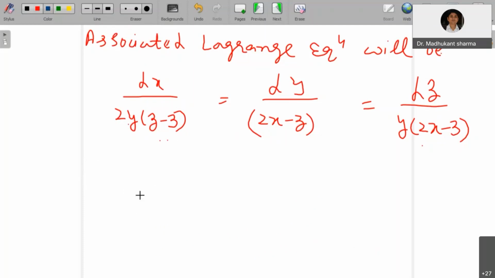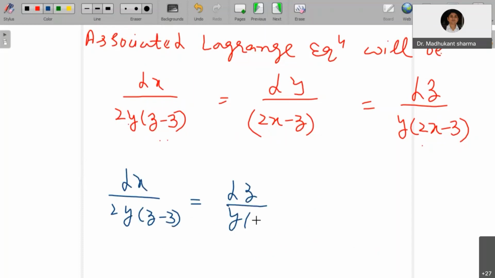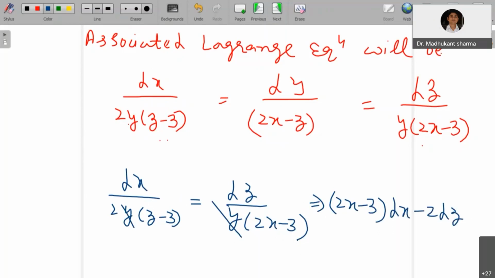That's good. Once you have this, dx divided by 2y times z minus 3 equals dz divided by y times 2x minus 3, the y gets cancelled out, so you are only left with this, and it's very easy. By cross multiplication this is going to be 2x minus 3 dx minus 2 dz equals 0. So it's very easy to integrate now.